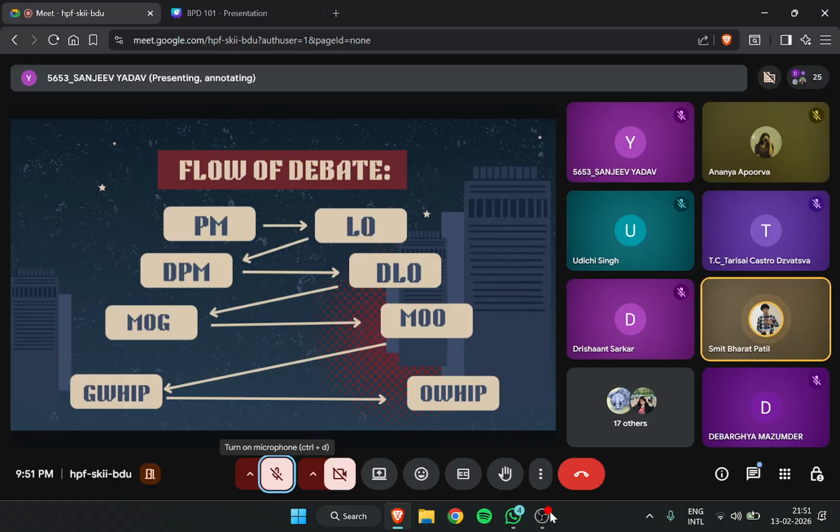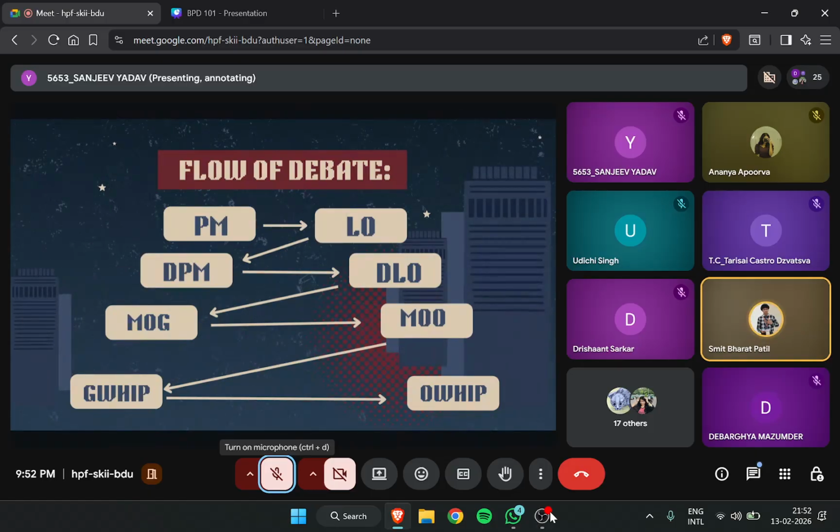For the closing government, we have MOG, that is member of government, and then government whip. Same goes for the closing opposition bench: member of opposition and opposition whip. So as you can see, the speaker order goes PM, LO, DPM, DLO, MOG, MOO, then government whip and opposition whip. This is how the flow of debate goes through each speaker.